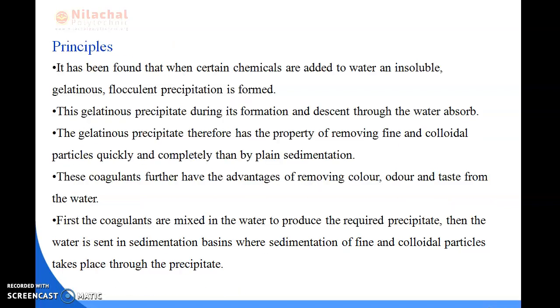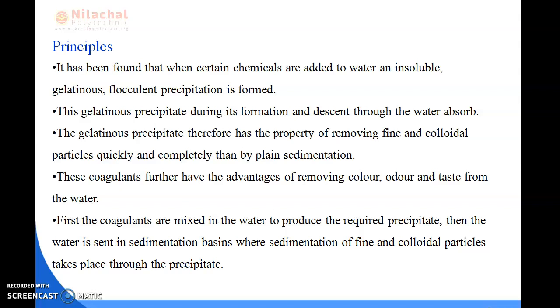So, in the principles of sedimentation with coagulation, we found that some chemicals are added to the water as insoluble, and a flocculent precipitate is formed. This gelatinous precipitate, during its formation and descent, absorbs impurities in the water. It has the property of removing the fine, colloidal and suspended impurities quickly and completely than plain sedimentation.